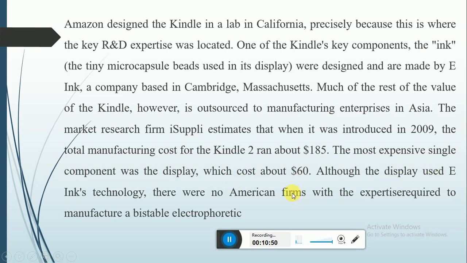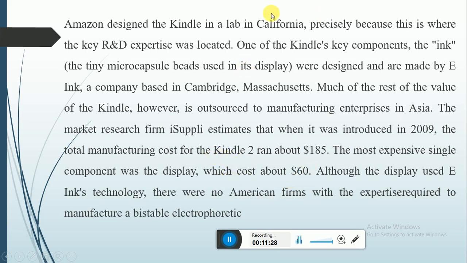Although the display used E-Ink's technology, there was no American firm with the expertise required to manufacture a bistable electrophoretic display, so they couldn't produce it. So that was the expensive single component. The other, smaller components cost less. The only single component that cost a lot was the display, which cost $60.